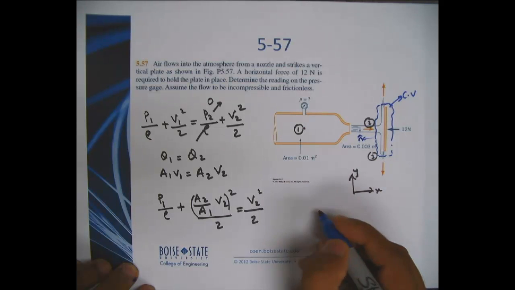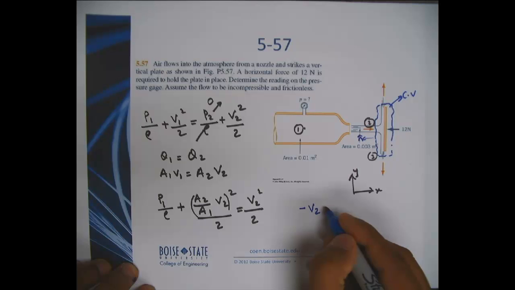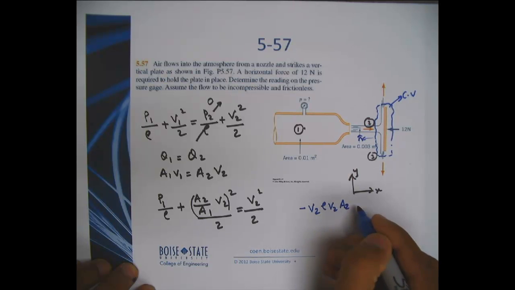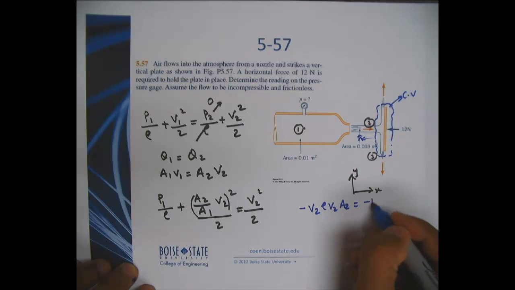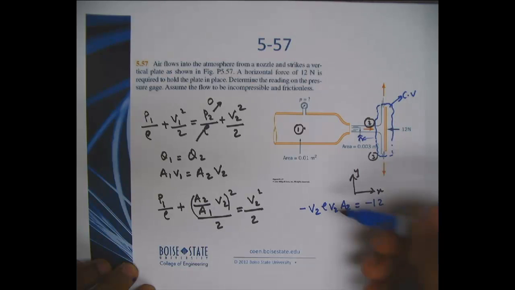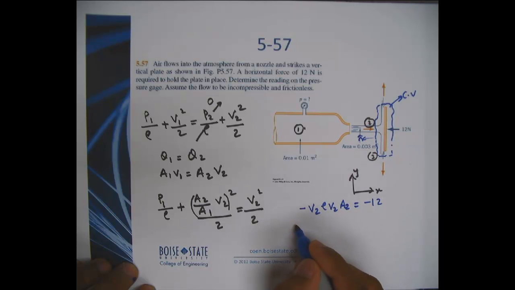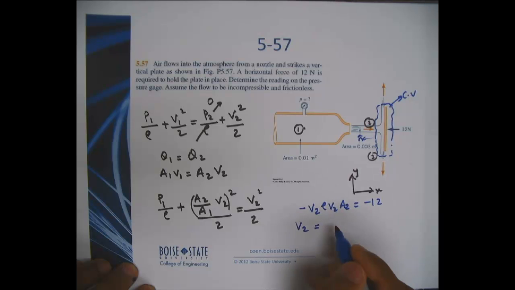So again, if I apply that, I get minus V2 rho V2 A2 will be equal to negative 12 newtons force in the negative x direction based on the convention, right?